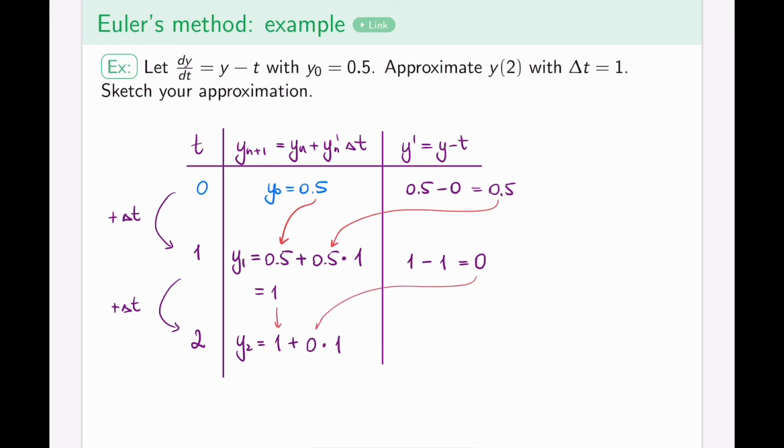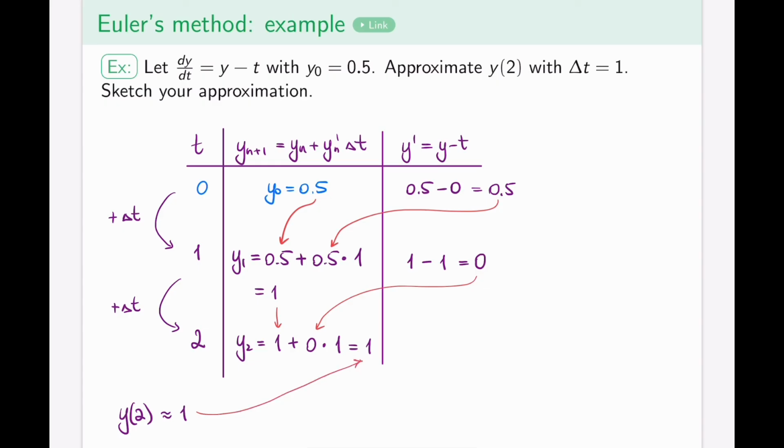Okay, so what do I have here? 1 plus 0 is simply 1. So my y2 is 1. So the approximation gives me that y of 2 is equal to 1. This is where this is coming from.